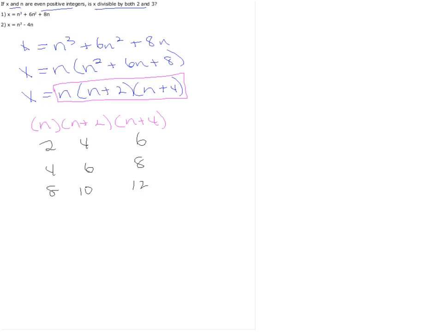So interestingly, maybe a little bit paradoxically, statement 1 alone is sufficient, because we get a resounding and conclusive yes, x is divisible by both 2 and 3, because x can be expressed as the multiplication of 3 consecutive even integers. So we'll say A, D, B, C, E.